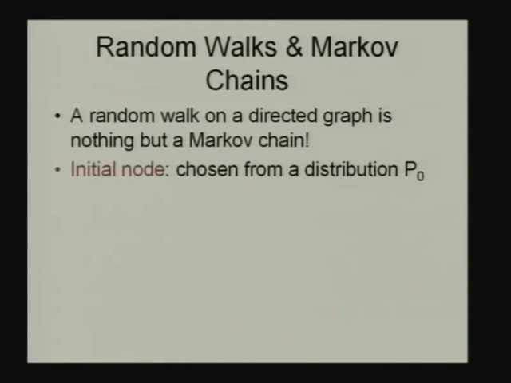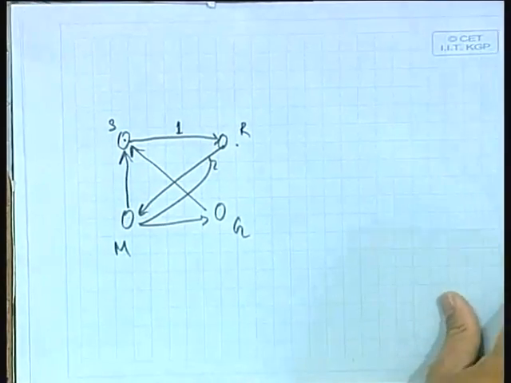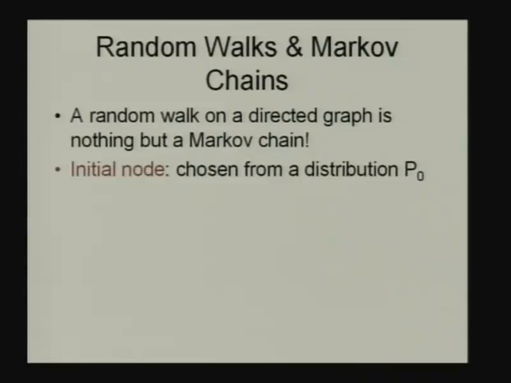Now, when we talk of Markov chains, we come up with a different set of notions or notations also. What I mean to say is, in the case of graphs we talked of nodes and edges, here we will talk of probability distributions, because it is a probabilistic process. So, what are these distributions? The first distribution that is important is called P0, the initial distribution.